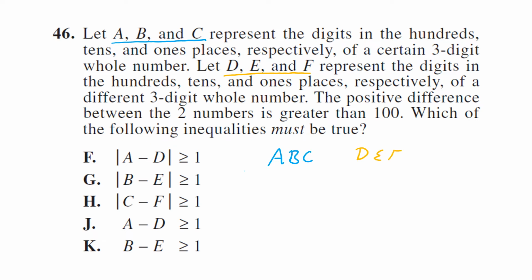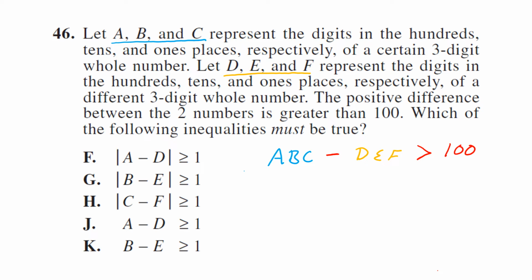So D, E, F. The positive difference between the two numbers is greater than 100. So if we subtract the two numbers, it's greater than 100. So ABC minus DEF has to be greater than 100. Which of the following has to be true?